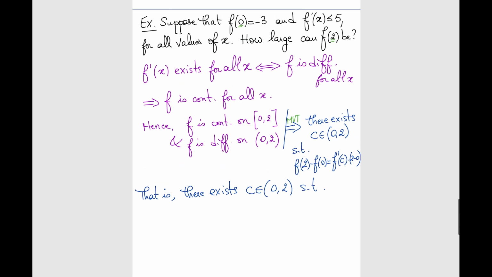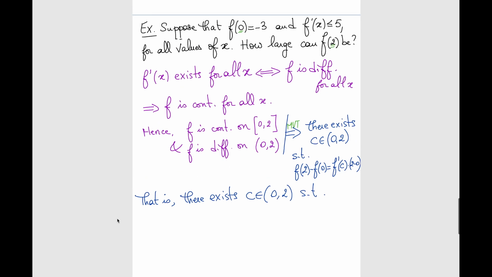Well, it's the thing that you want to find. So f of 2 minus f of 0. What's f of 0? It's minus 3. So it's f of 2 minus minus 3 equals f prime of c times 2, right? F prime of c times 2.